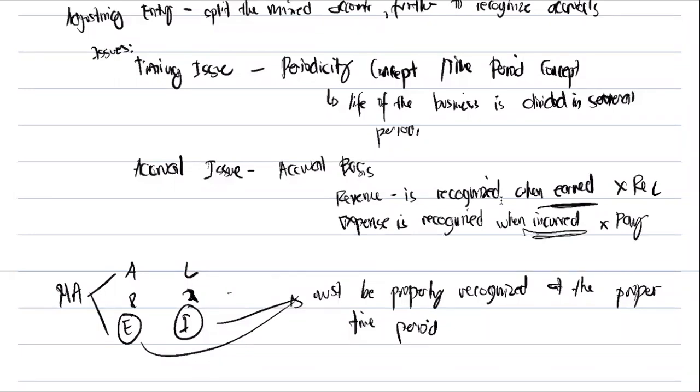Because we have a mixed account, let's say asset and expense, liability and income. So your expense and your income or revenue must be properly recognized at the proper time period. Under our accrual concept, we recognize revenue when earned and expense when incurred, and under our periodicity, you record it based on the proper time period.